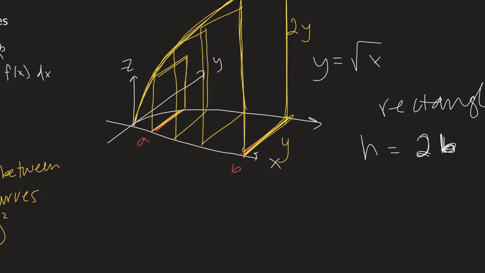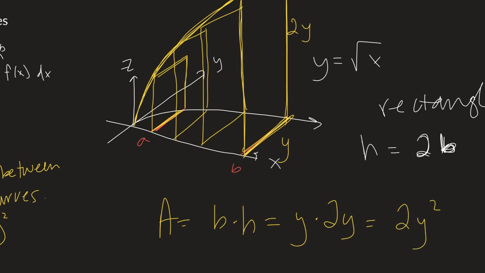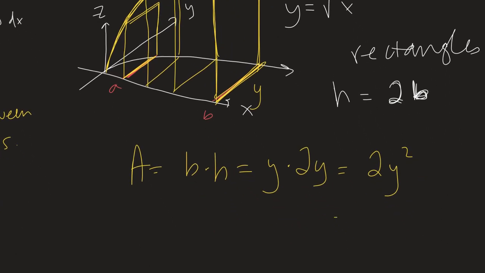Okay? So the area for your rectangle is base times height, which is y times 2y, which has a total area of 2y squared. Or if we're going to write this in general, twice your function squared. In this case, y is the y value, also known as f of x.